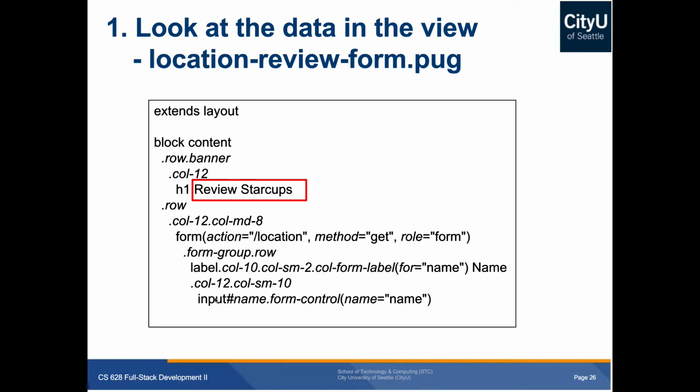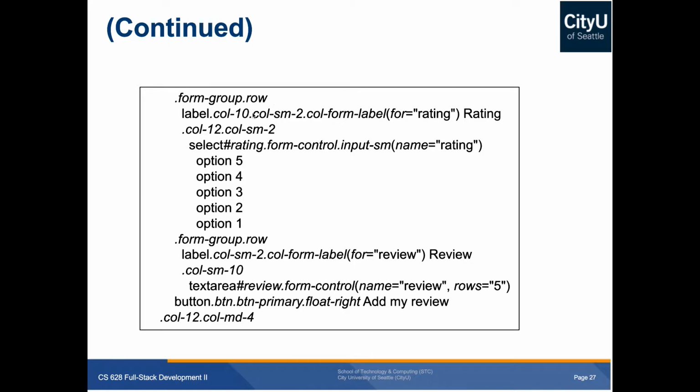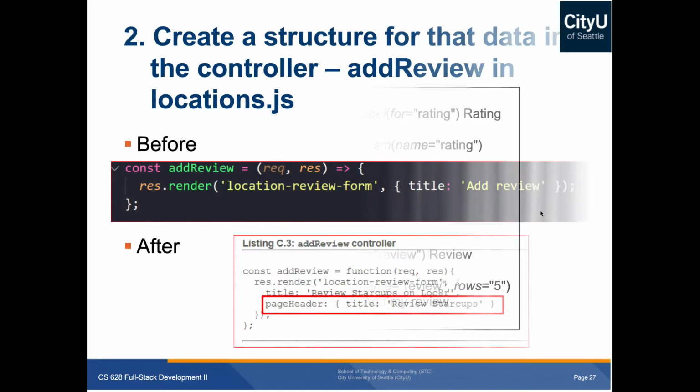You want to have the input with the name value and rating, so you can now select the ratings and it assigns the rating value. This is just a label, and this is a select, where you grab that value. Then the text area, and the button to submit or add your review.